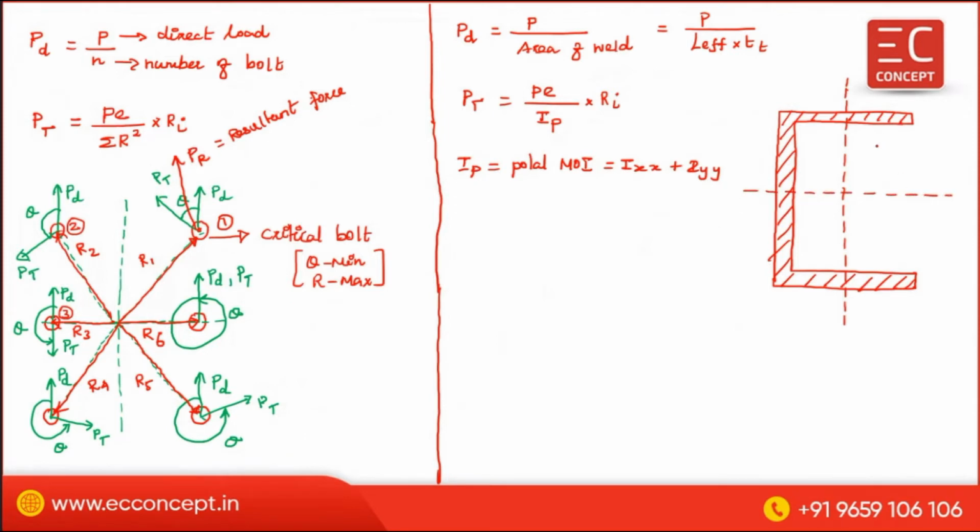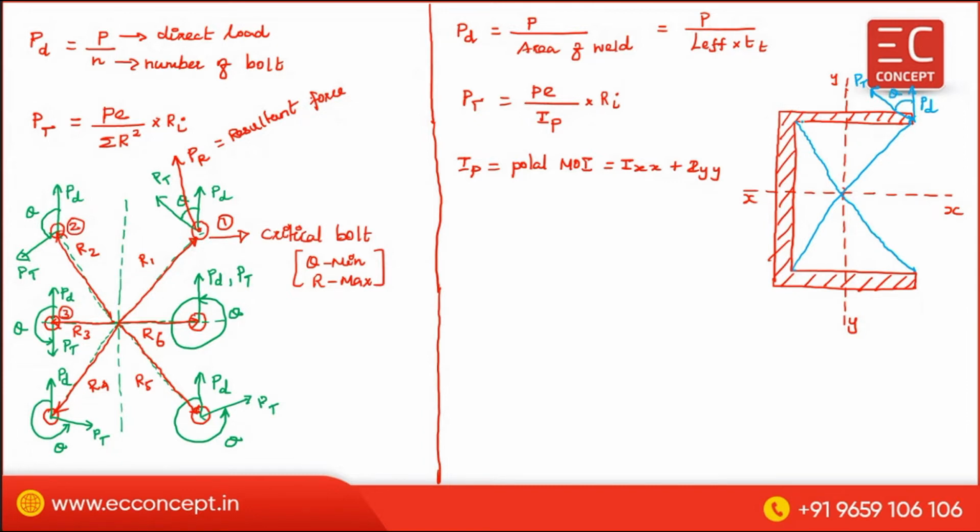Now this axis is x and this is y. We have to calculate Ixx and Iyy. At point 1, PD is in the upward direction, and PT will be something like that, in a similar manner to the bolted connection, at an angle theta.